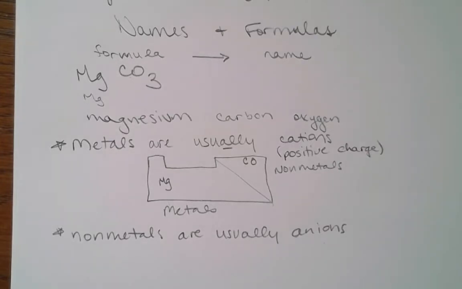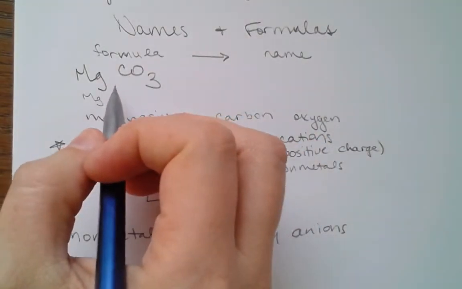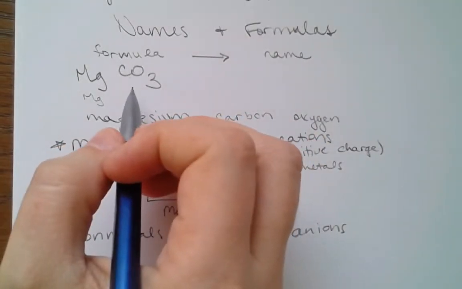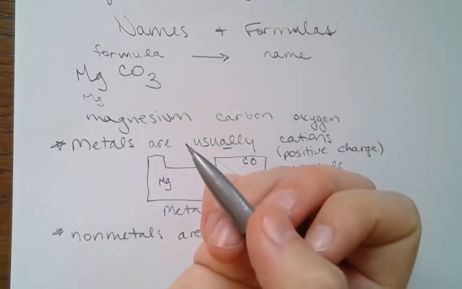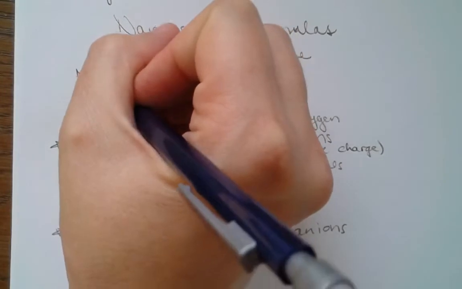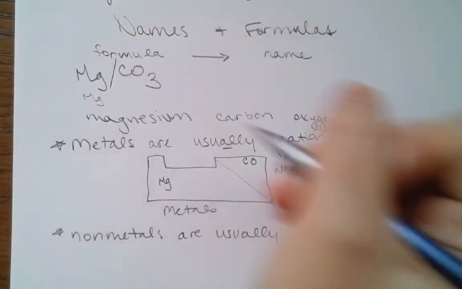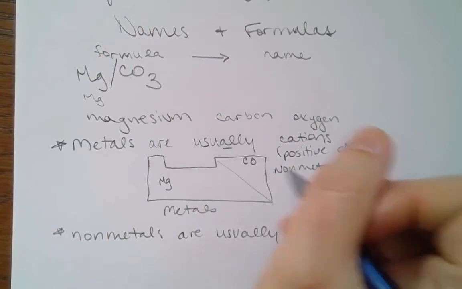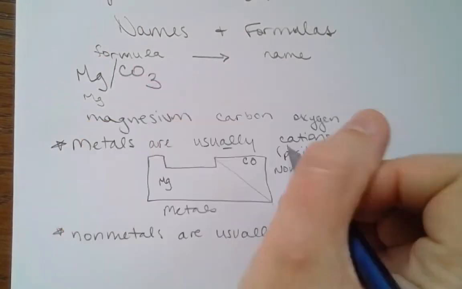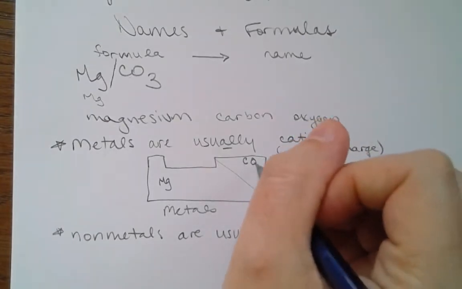This first step is breaking your formula into the cation and the anion. If you've got a metal in front, just break it right there. So magnesium is your metal, usually cation, and your carbon and oxygen are two nonmetals hanging out together.